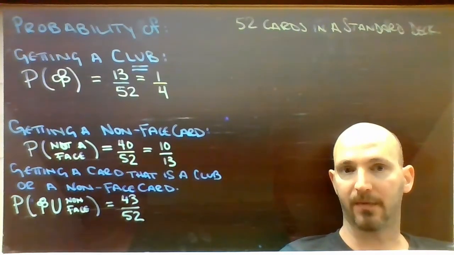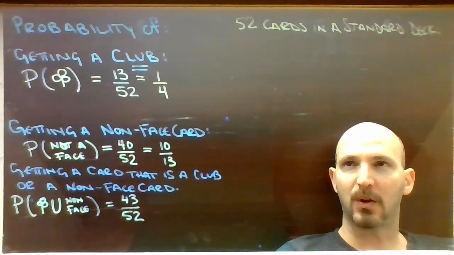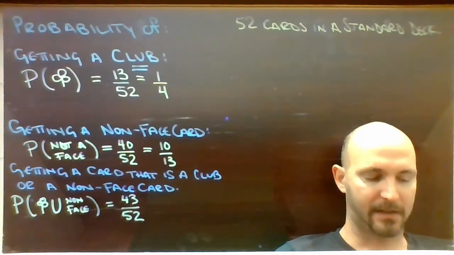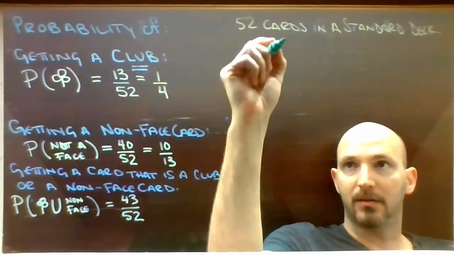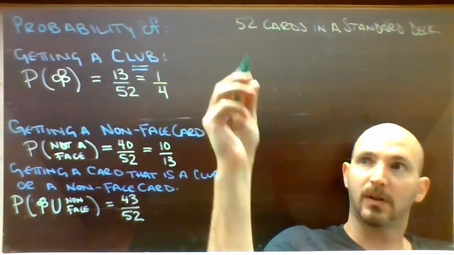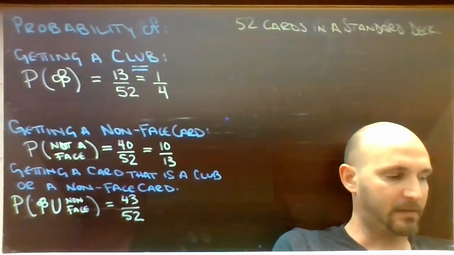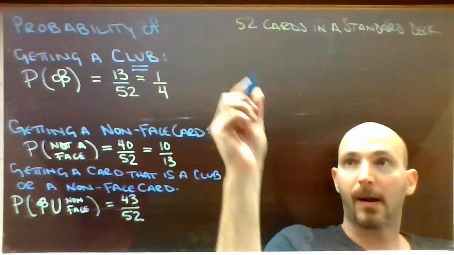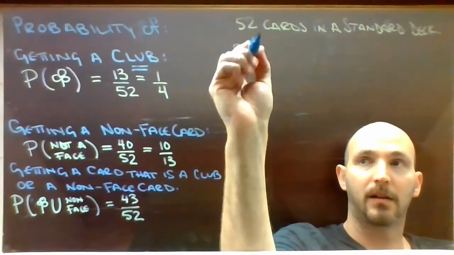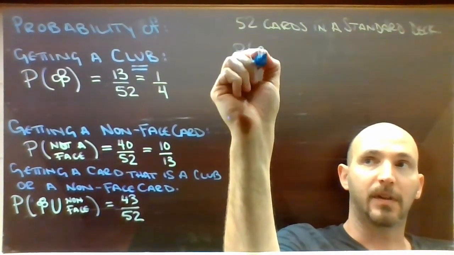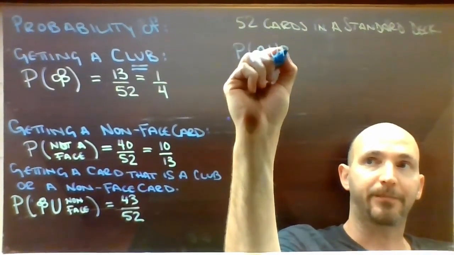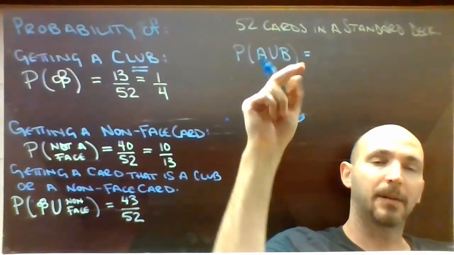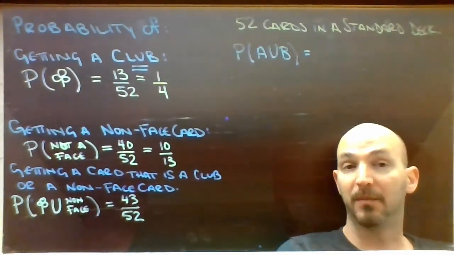So if I were to try and write this, the probability of A or B, now I'm going to start a formula here and it's going to be wrong.